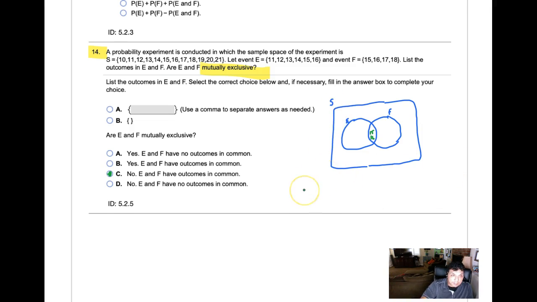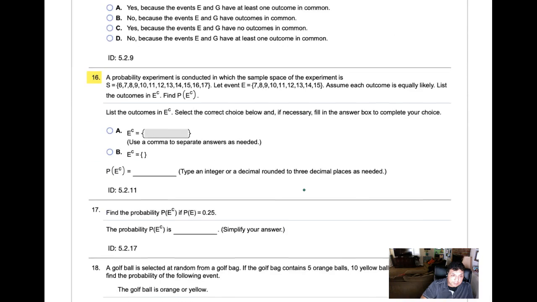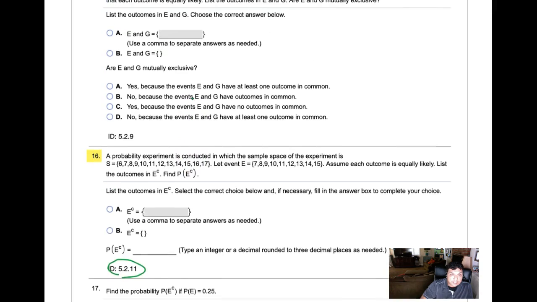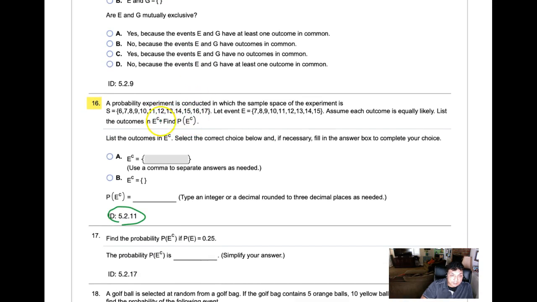Now, we're going to look at one other problem here, which is 5.2.11, looking at this other idea of complement and the notation of complement, which is this little c.